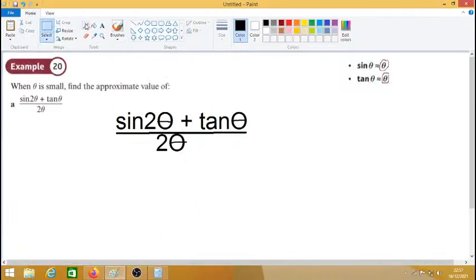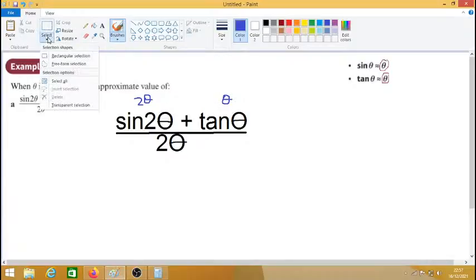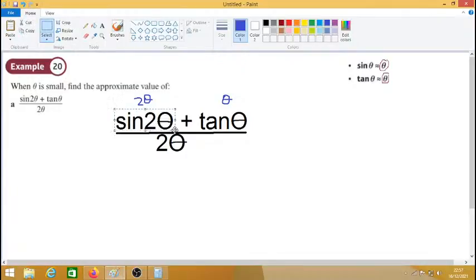So let's use them. All it's saying is that the sine of the angle is just like the angle. So here sine of 2 theta can get replaced with just 2 theta. And similarly, tan of theta can get replaced with just theta. The plus sign in between will stay as a plus.